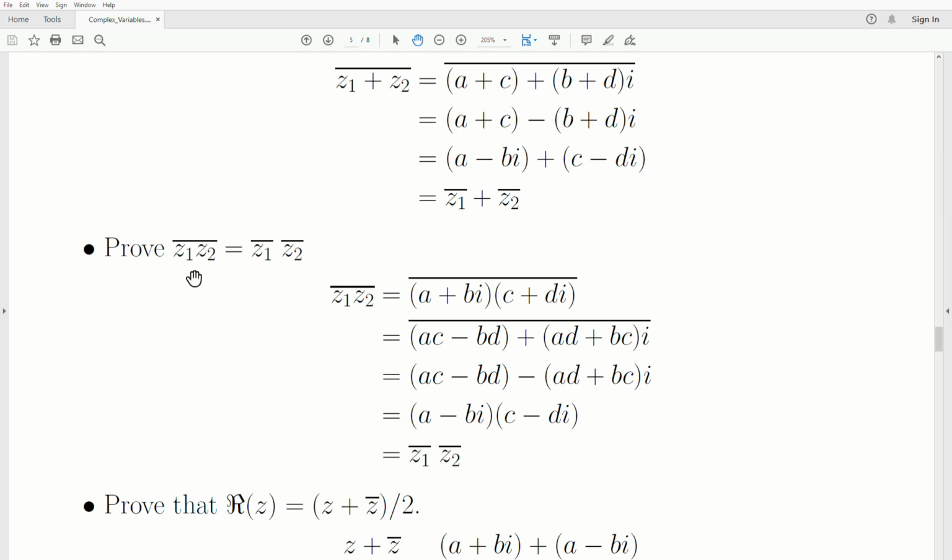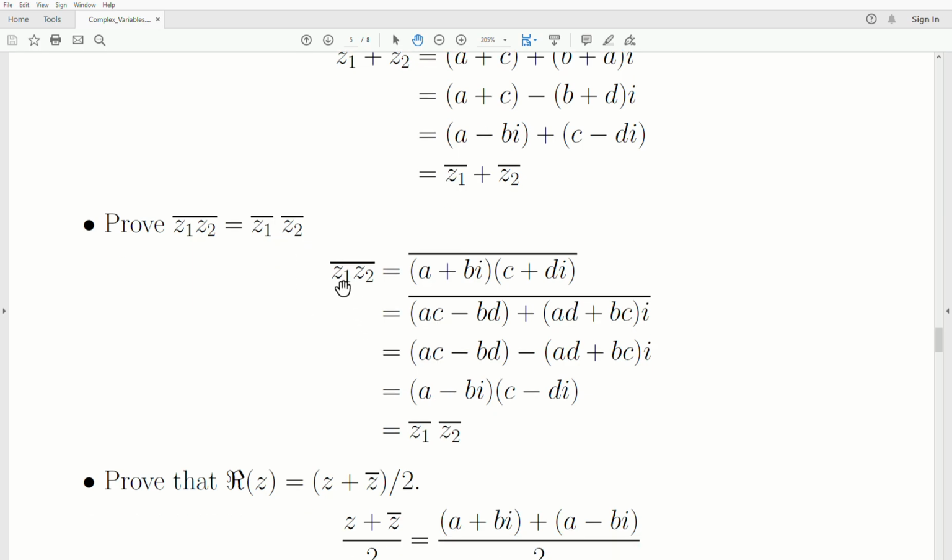Next, let's show that the conjugate of the product of two complex numbers is equal to the product of the conjugates of those two complex numbers. Well, let's look at it. z1 z2 conjugate. Let's plug in what z1 and z2 are. And in the first video, we showed how to multiply two complex numbers, and that's what this piece here is.